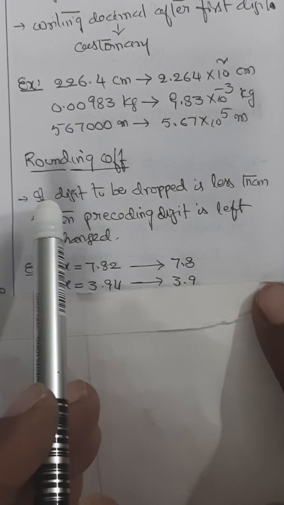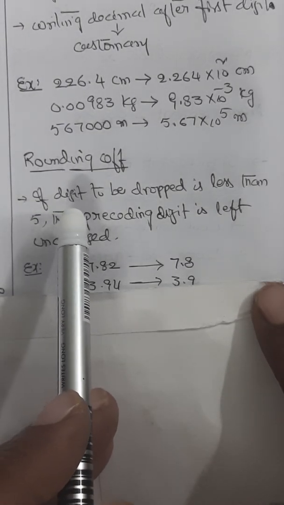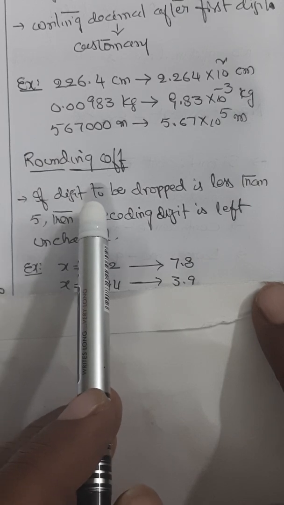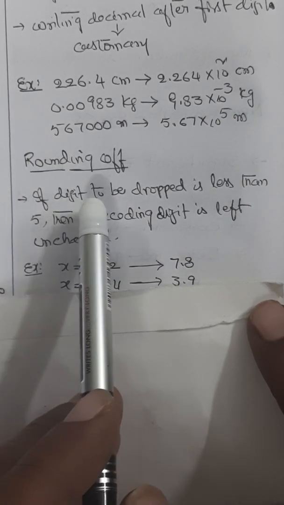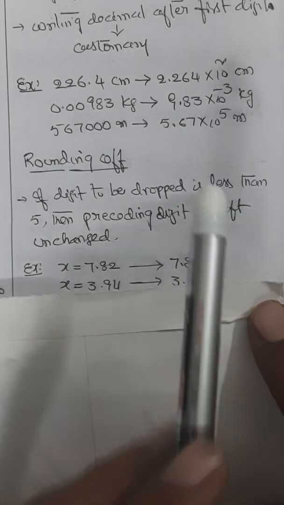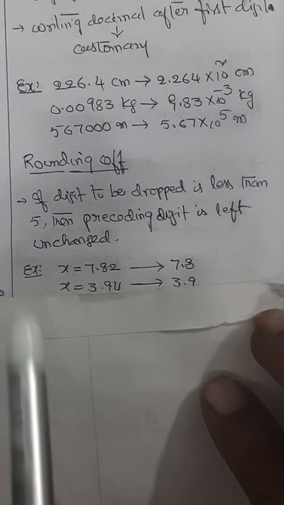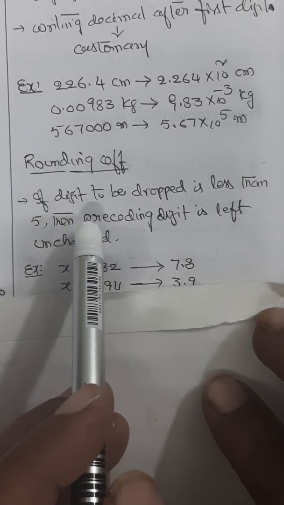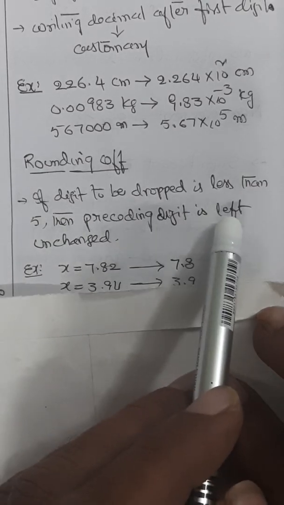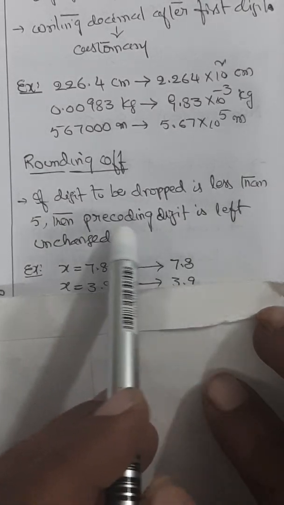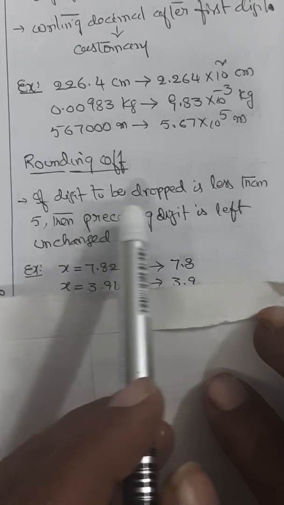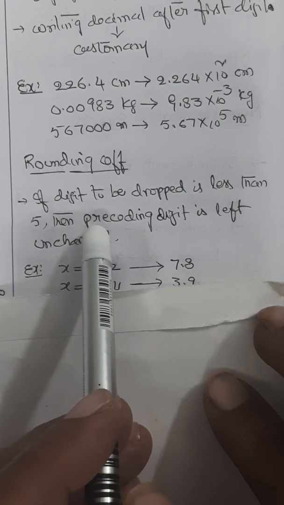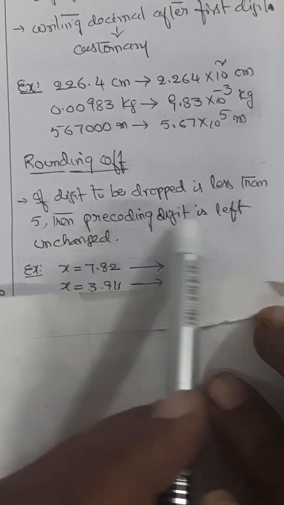The first rule in rounding off numbers is, if you want to drop a digit in a decimal, and the digit to be dropped is less than 5, then the preceding digit is left unchanged. Whenever you are dropping a digit which is less than 5, the preceding digit is left unchanged.